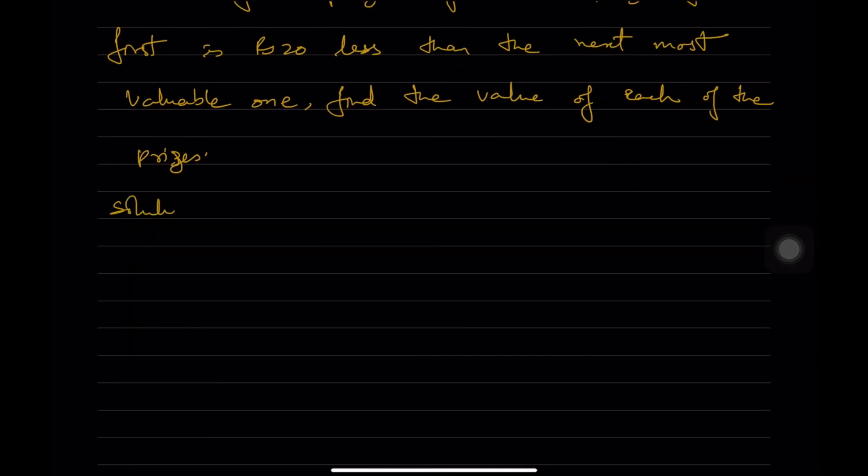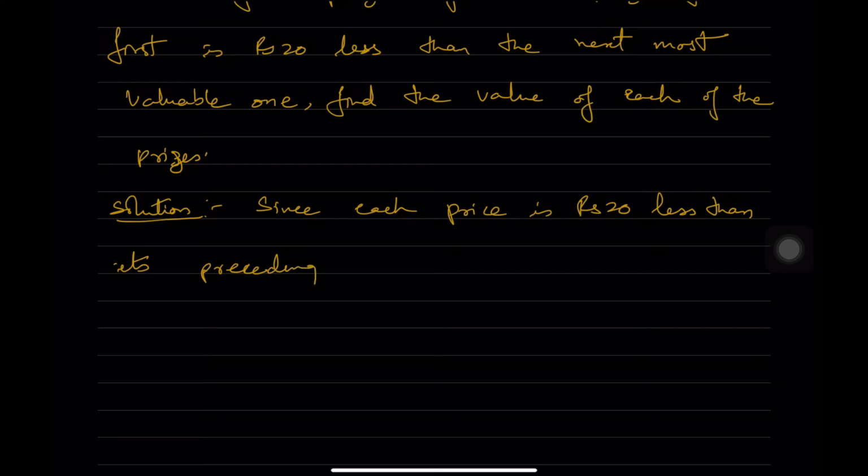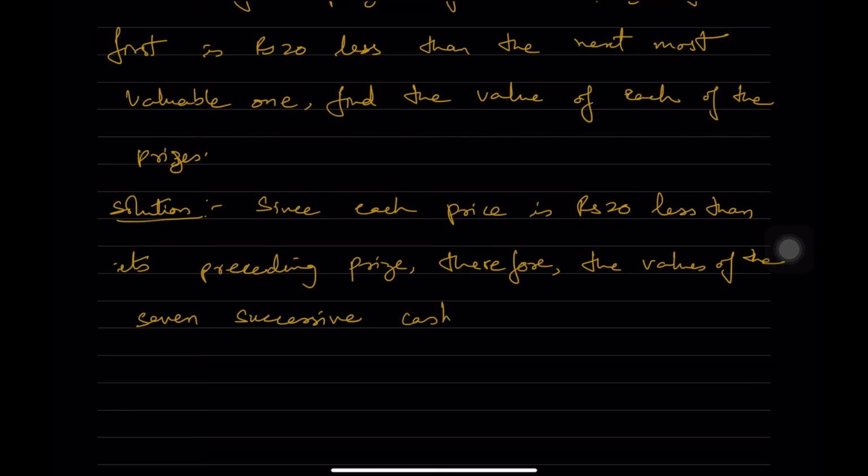So now the solution for this: since each prize is rupees 20 less than its preceding prize, therefore the values of the 7 successive cash prizes will form an AP.